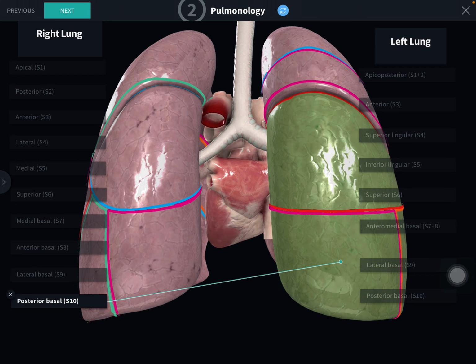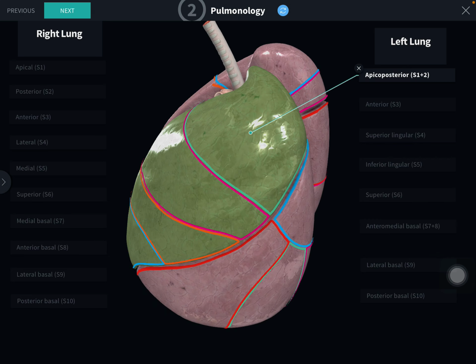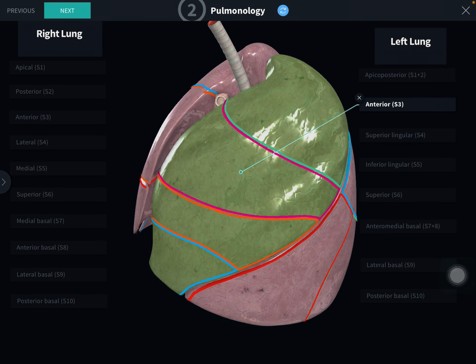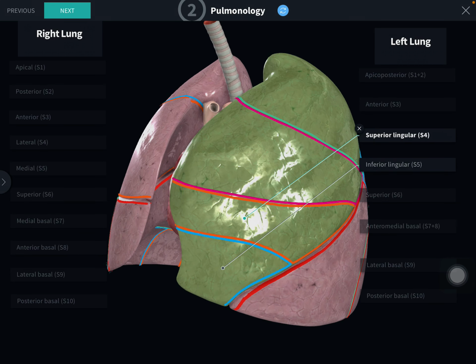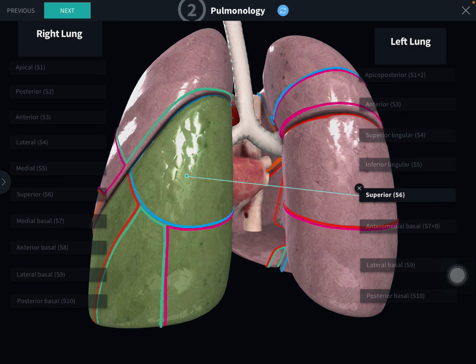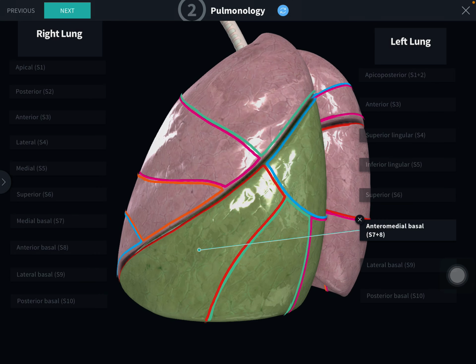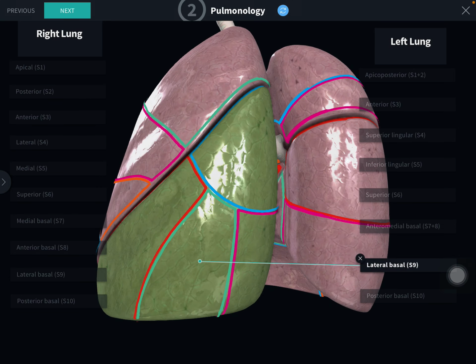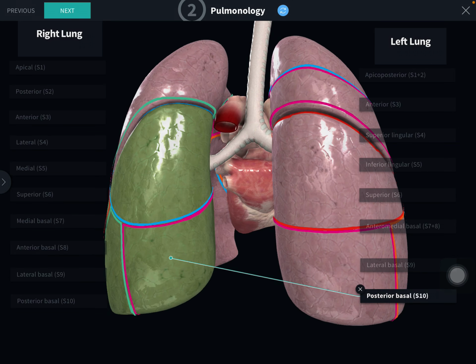So these are the 10 bronchopulmonary segments of the right lung. Now the left lung: apicoposterior, anterior, superior lingular, inferior lingular, superior, anteromedial basal, lateral basal and posterior basal. So these are the segments of the left lung.